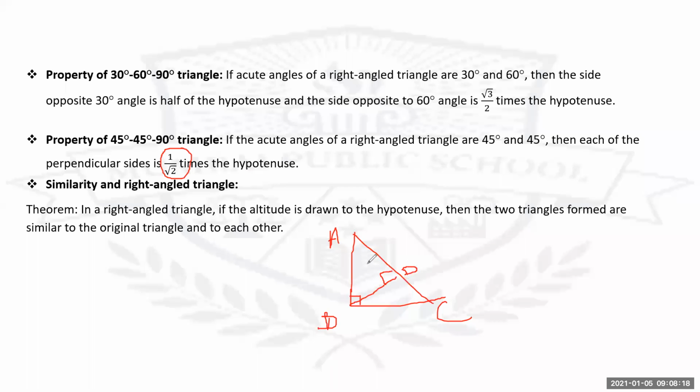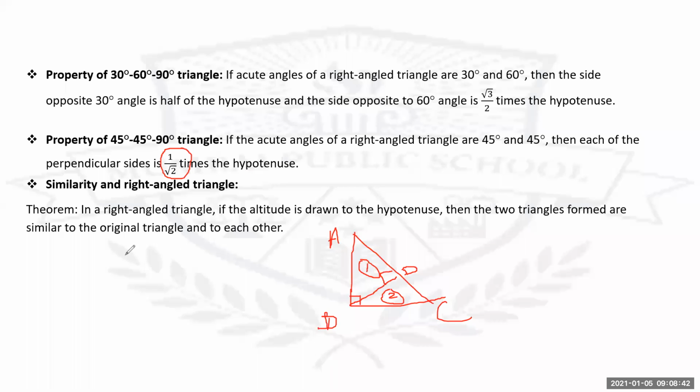Say D. So now you'll get triangle 1, triangle 2. Because of this altitude, we'll get the original triangle divided into two triangles. Is this clear? So these two triangles are similar to each other as well as they are similar to the original triangle.